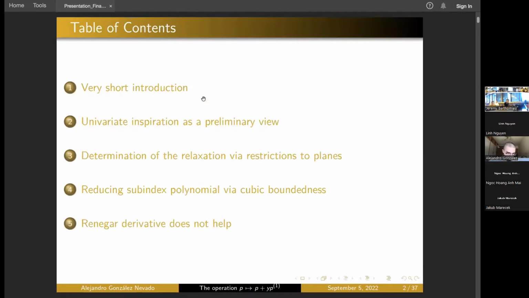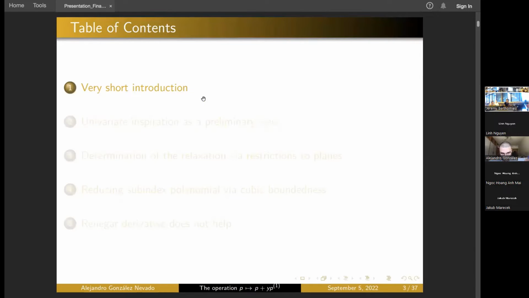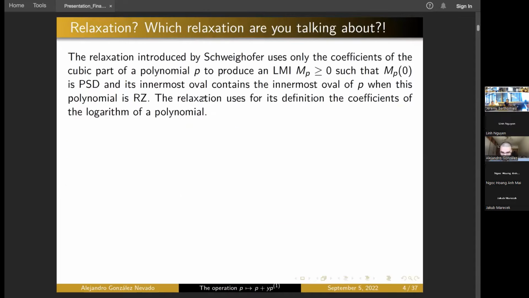First, I am going to briefly introduce what this relaxation is, even though I have talked about it several times before, for the new people. In this relaxation, we use the cubic part of the polynomial. It doesn't have to be real zero, but when it is real zero, it gives something nice.